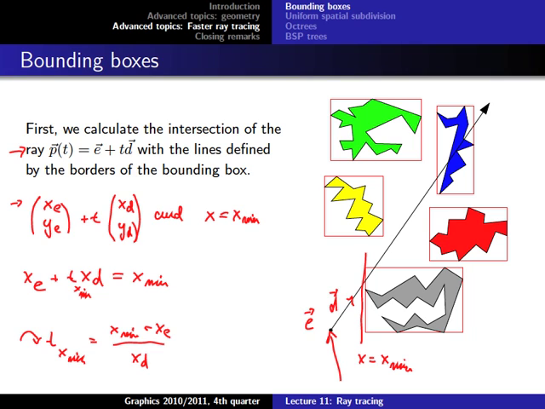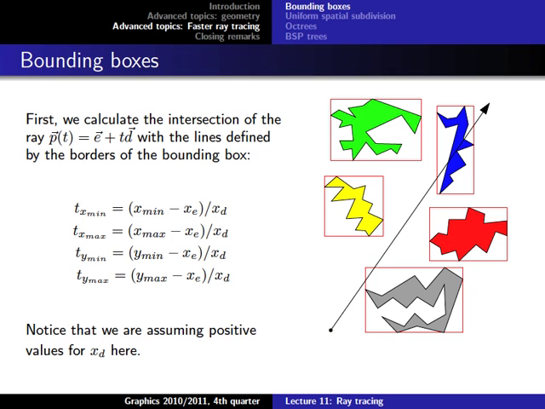This is just this equation with t brought to one side. So we have the t value, and we could now calculate this intersection point. And we can do the same for the others. So this is x max, this one here. And this one is y min and y max, so this is here and here.